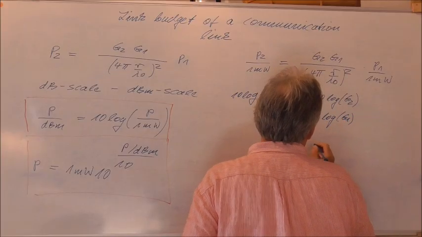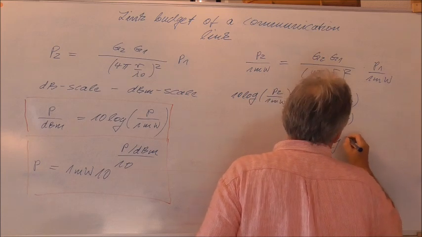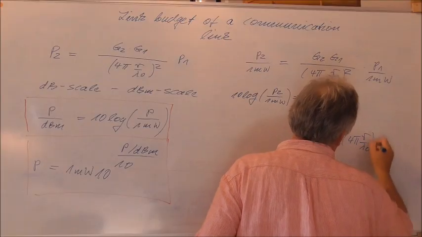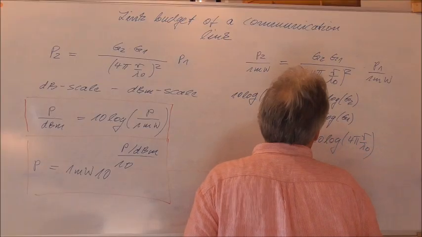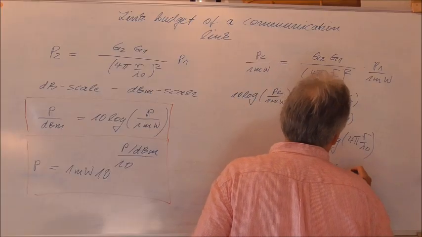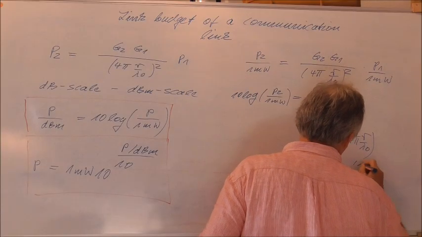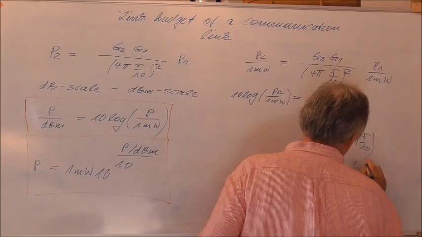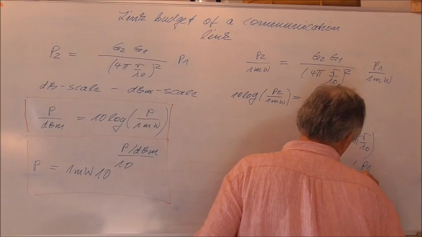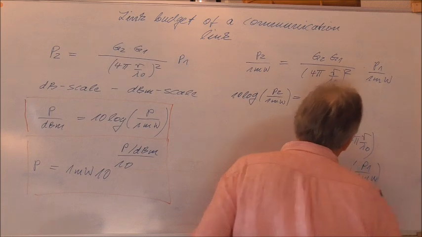minus 20 times log of 4 pi r over lambda naught plus 10 times log of P1 divided by 1 milliwatt.